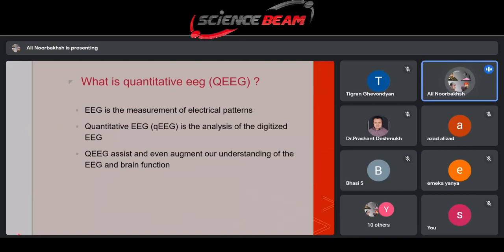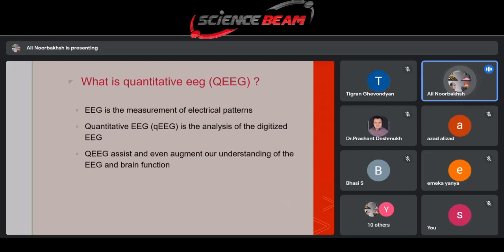EEG is a measurement of electrical patterns at the surface of the skull, which reflect cortical activity and are commonly referred to as brainwaves. QEEG is the analysis of the digitized EEG, and in lay terms, this is sometimes also called brain mapping.